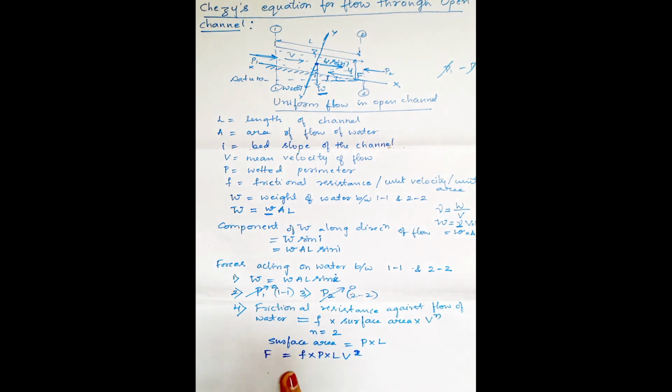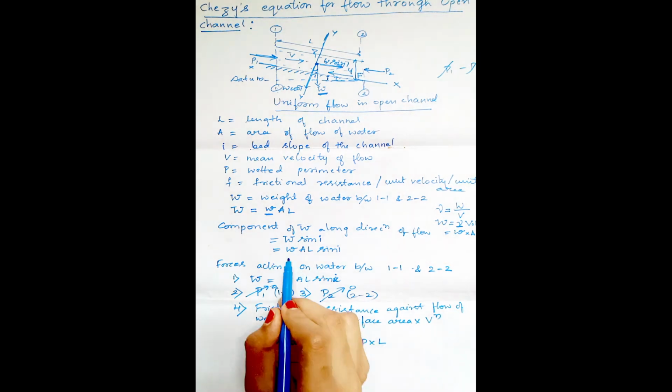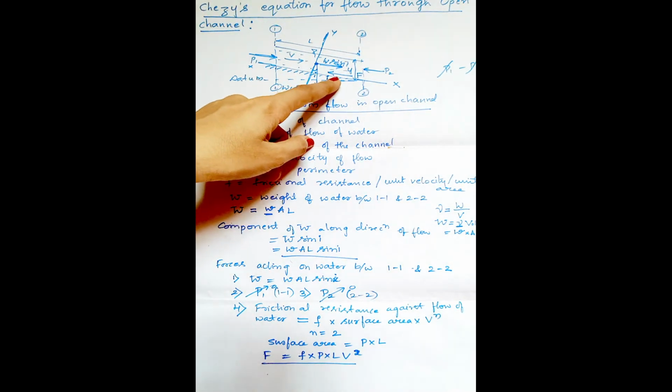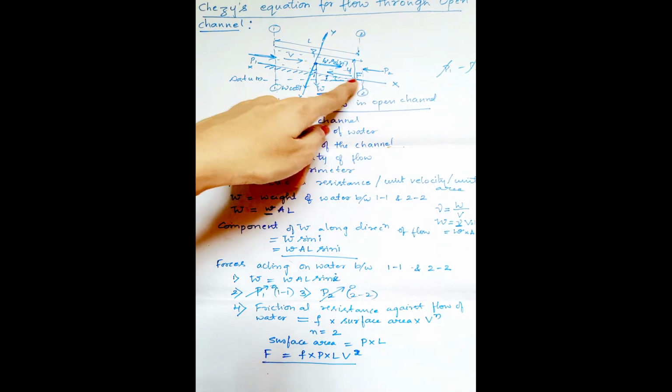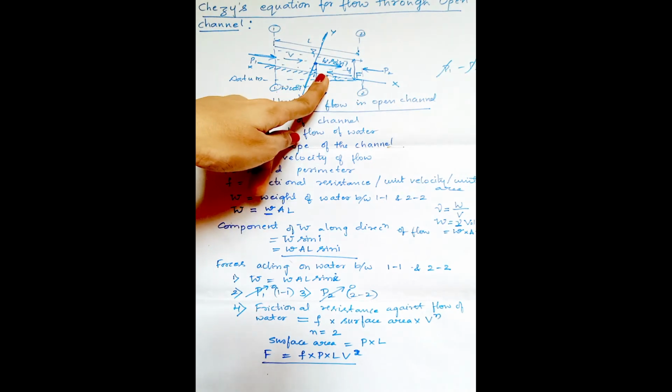So this is the frictional resistance and weight. Now you can see the frictional resistance always acts in the opposite direction to the direction of flow.